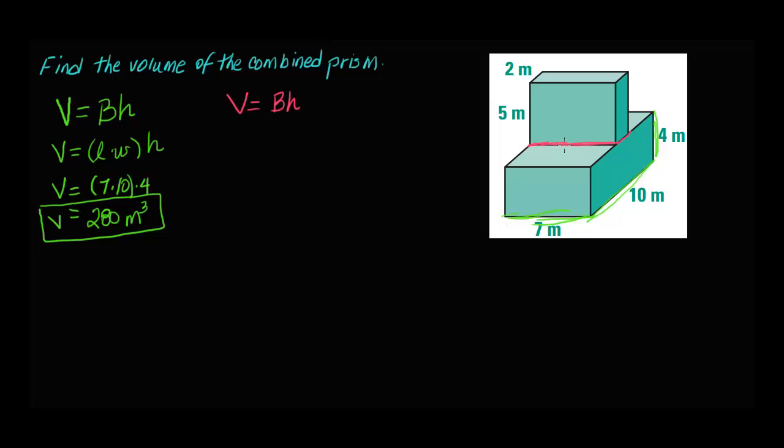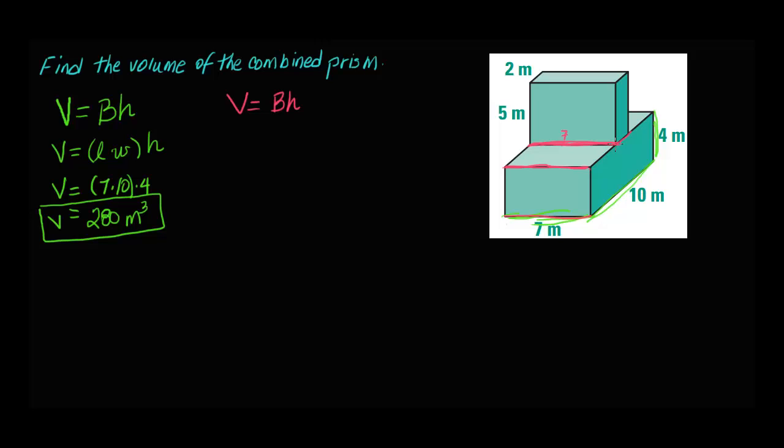So this length, if you notice, down here it's 7. Okay? Now this is a parallelogram, so this will be 7 also. And if this is 7, then this should be 7 also. They're all parallelograms, opposite sides are congruent. So this is a 7 right here.